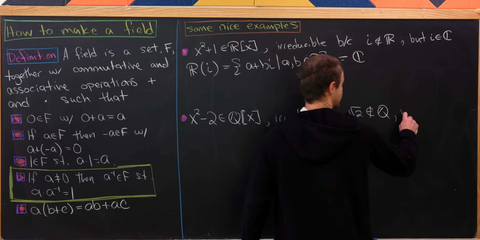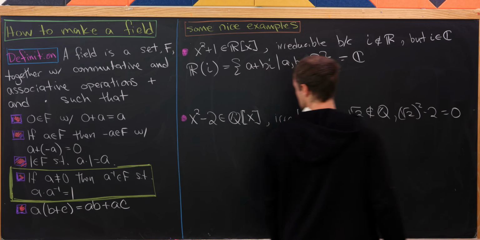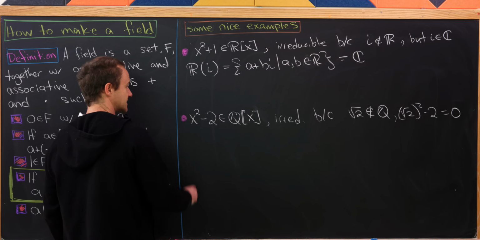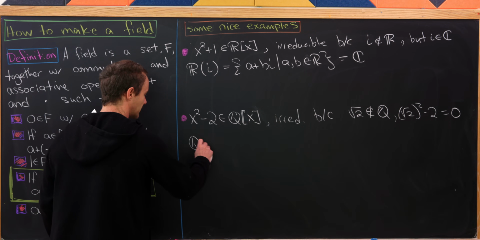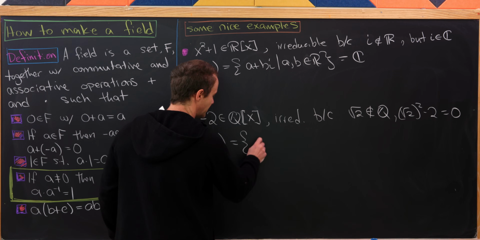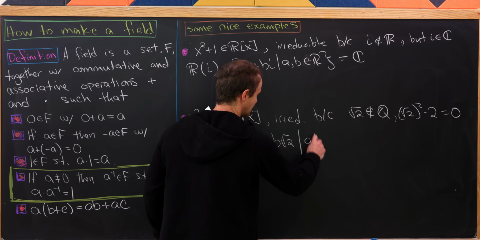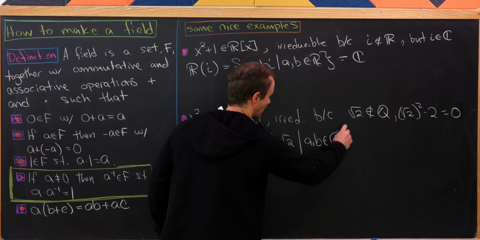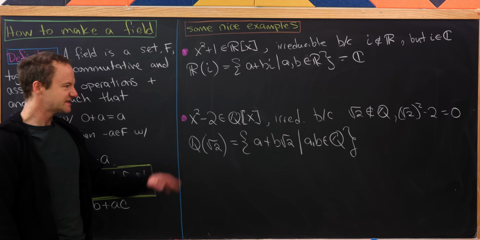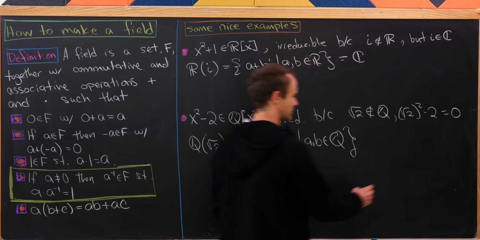Notice the square root of 2 does satisfy this equation. So adjoining it, we would have something called Q adjoin square root of 2. And that would be everything of the form a plus b root 2, where a and b are now rational numbers. And so this is some field that's between the rational numbers and the real numbers.